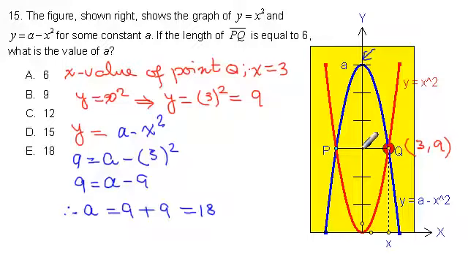From the midpoint of PQ to 0, the y value is 9. So obviously the same distance from this point up to a is also 9, which means the total value of A is going to be 9 plus 9, which is 18.